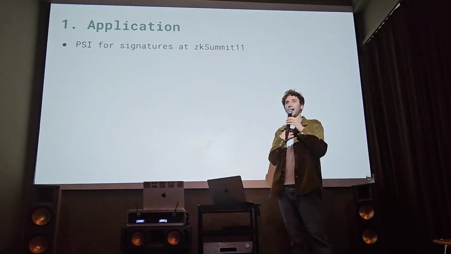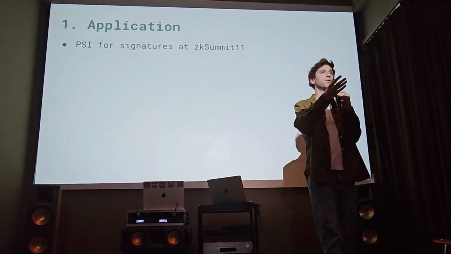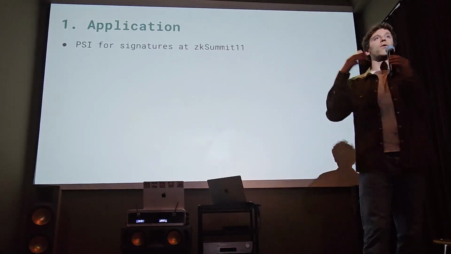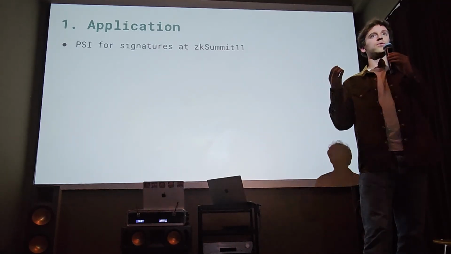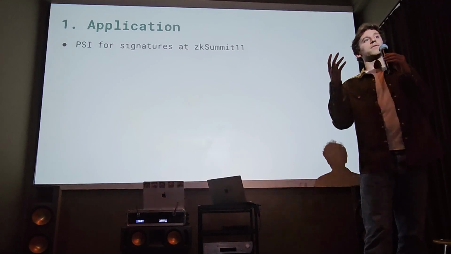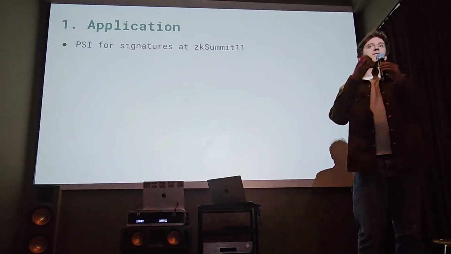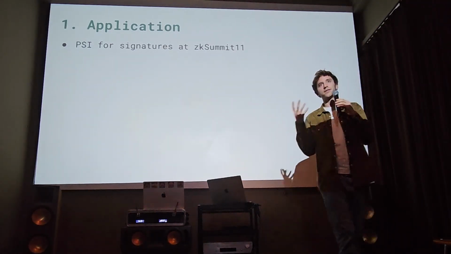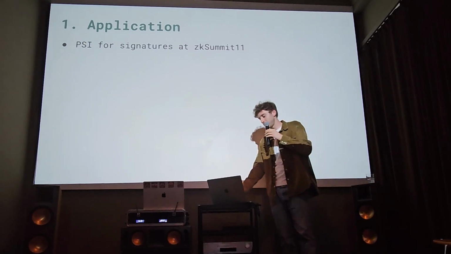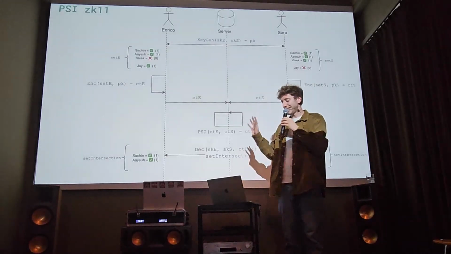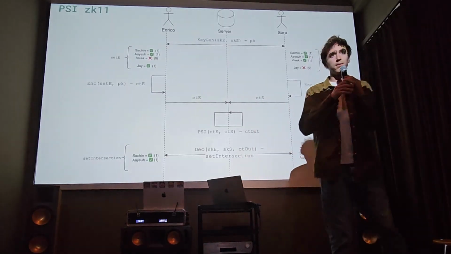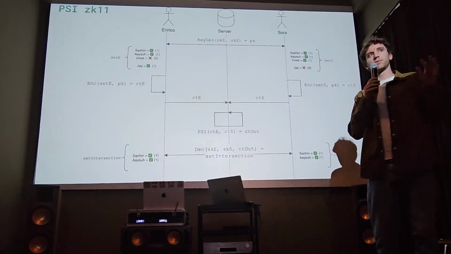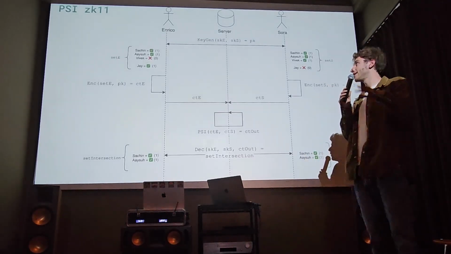So if I do this PSI with Andrew and I get to know more than I should, so some of the signatures that he collected that are not part of the intersection, there's something wrong in the security of the application. So this is the most dense and probably technical part of the presentation, but it's very important that you understand that.